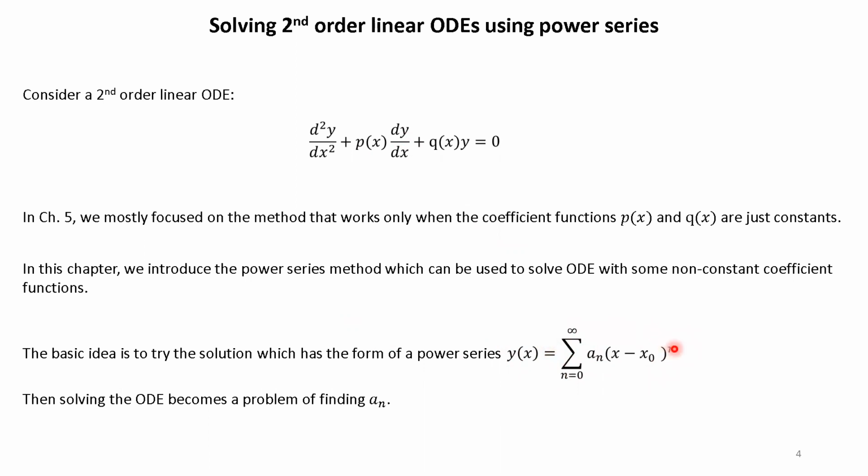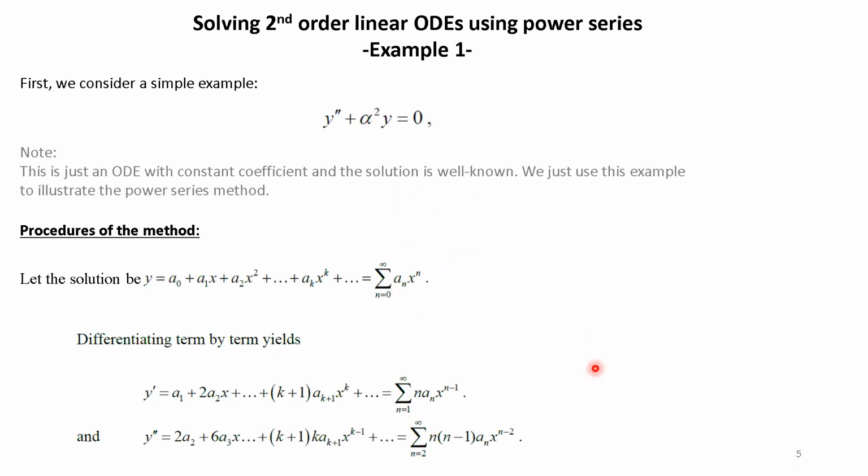Then your job is to find out a_n. If you figure out a_n, then you know this function, so that is solving this ODE. It becomes a problem of finding a_n.